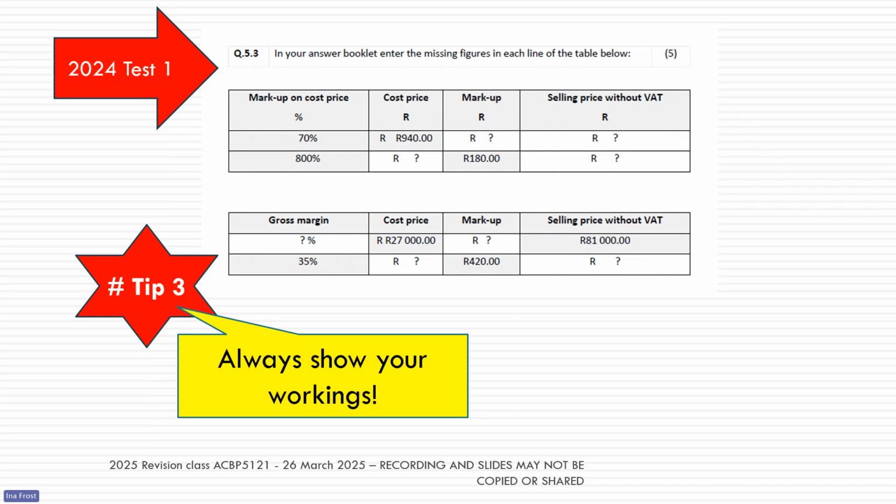So you will see in a minute, I've got a kind of question where we combine everything into one. So that is certainly a possibility where we can combine your understanding of markups and gross margins with VAT, and we combine it all into one question.